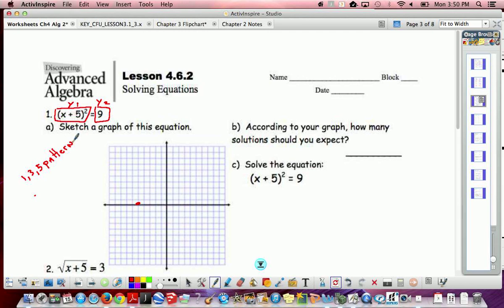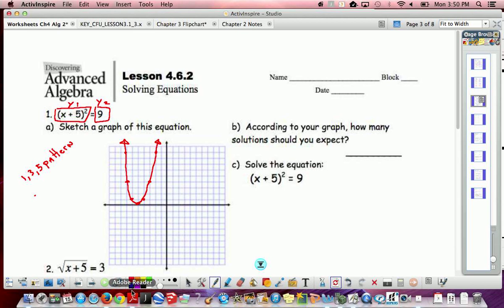Since there's no number in front of the x, as I go to the right 1, I go up 1. As I go right another 1, now I go up 3. As I go right 1, now I go up 5. Do the same thing going left, and I get my points. Have a nice sketch of my parabola.